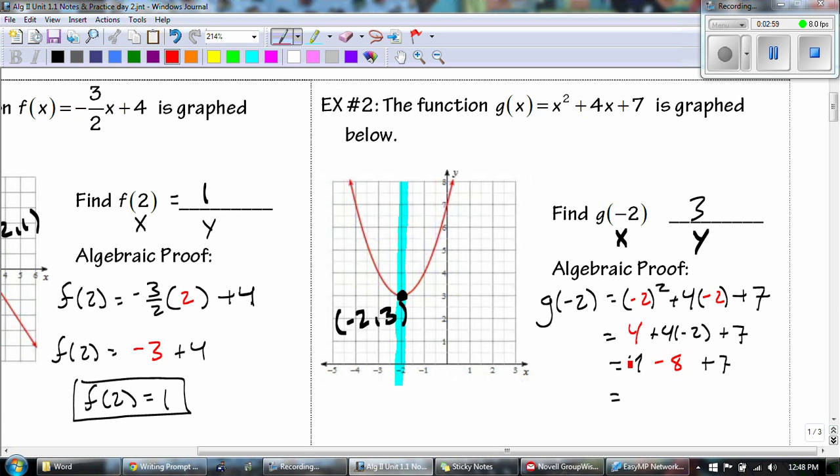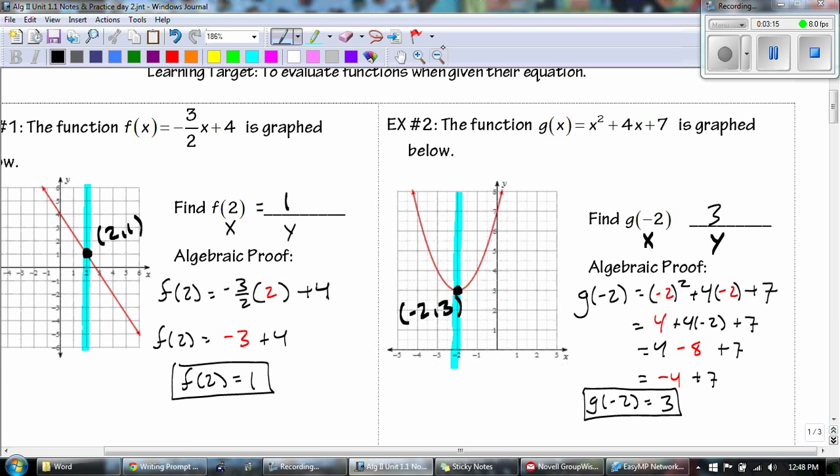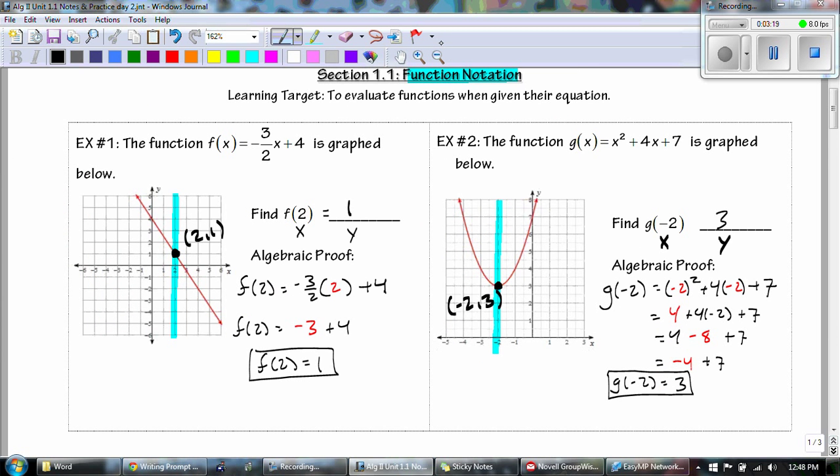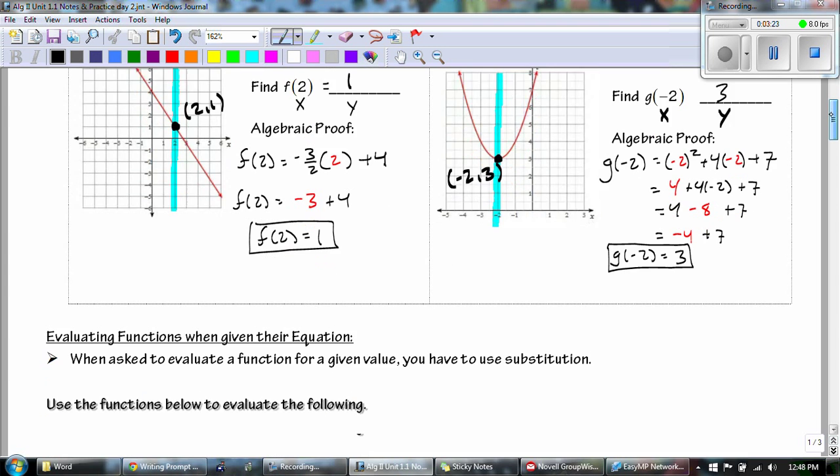From left to right, 4 minus 8 is negative 4. And then finally, my answer, negative 4 plus 7. Oh my gosh, did we get the same thing? Awesome. 3.